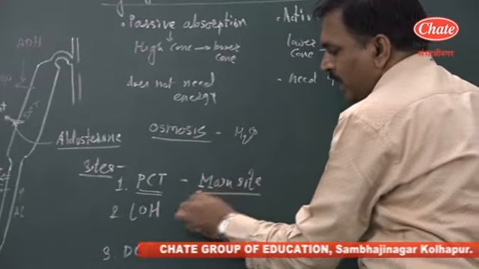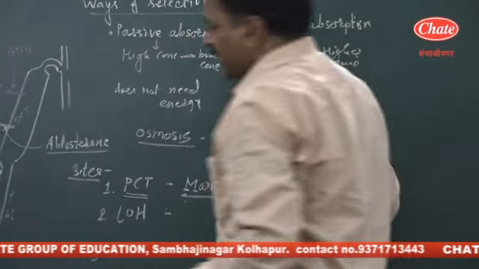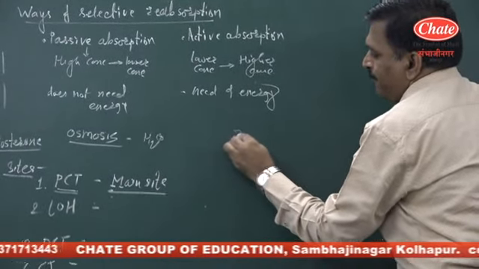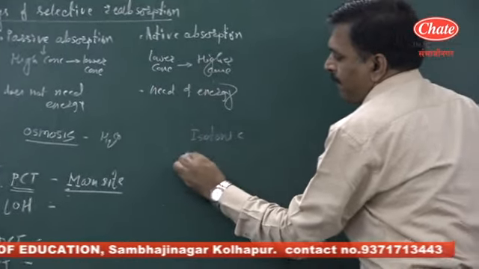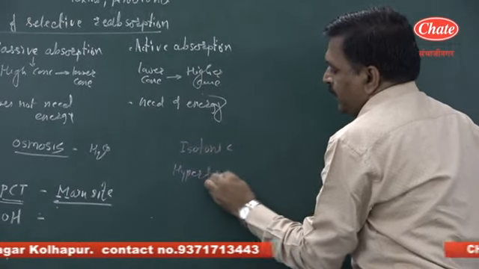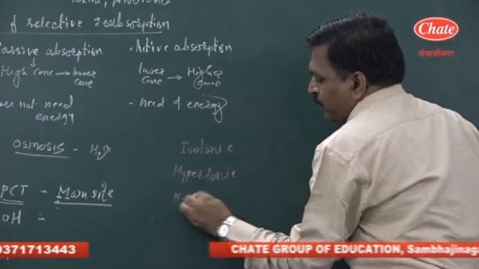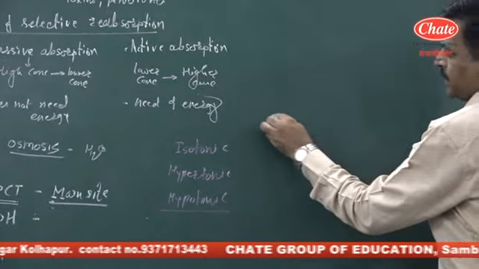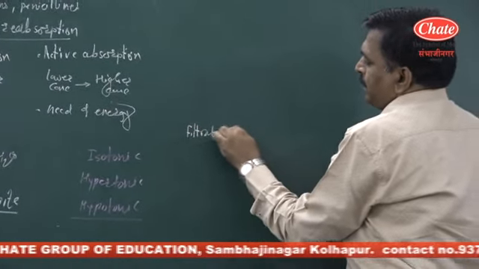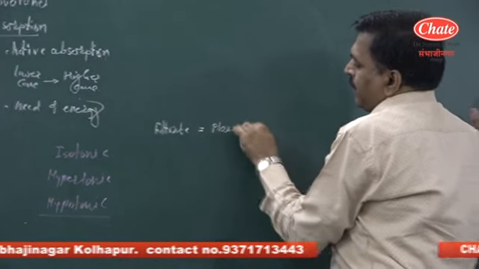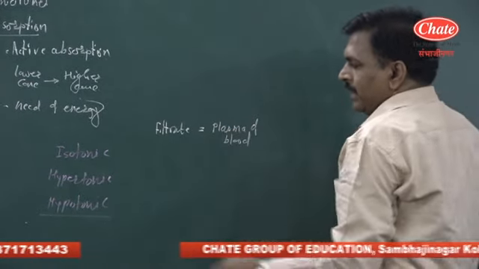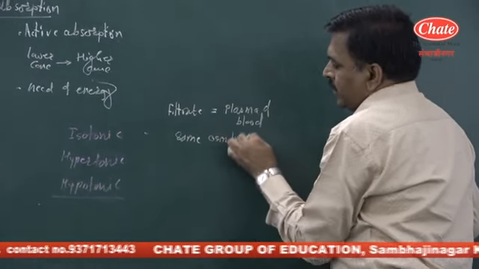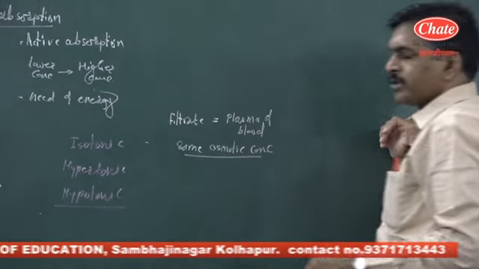From the PCT it goes to the loop of Henle. Here remember three terms: isotonic, hypertonic and hypotonic. When we compare the filtrate with the plasma of blood, if they have the same osmotic concentration, it is termed isotonic.